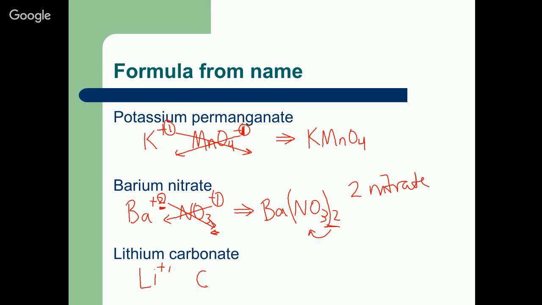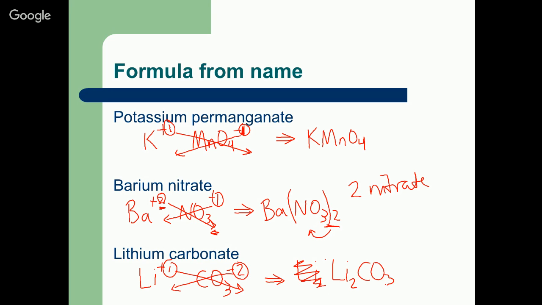Carbonate is CO3 -2. We don't have equal charges, so we have to do the crisscross. That 2 comes down to lithium, and the 1 goes to carbonate. So here we have Li2CO3.